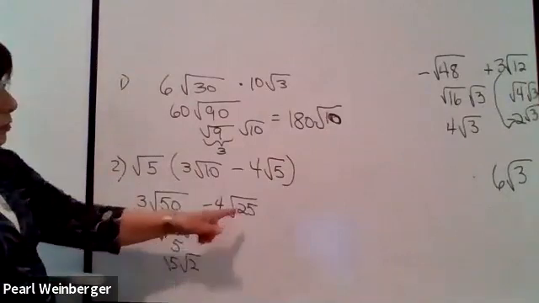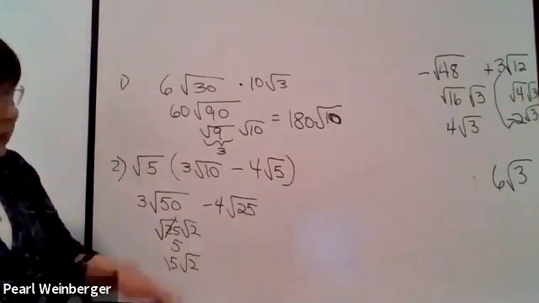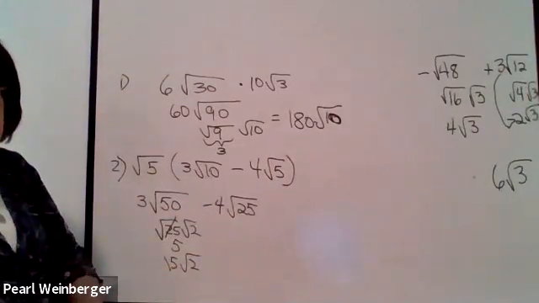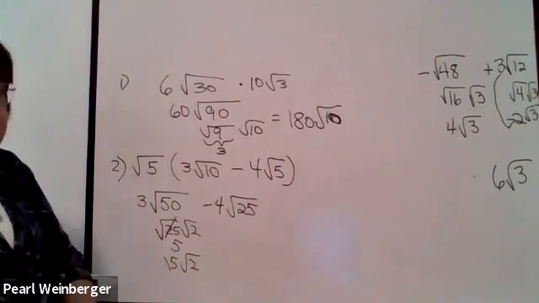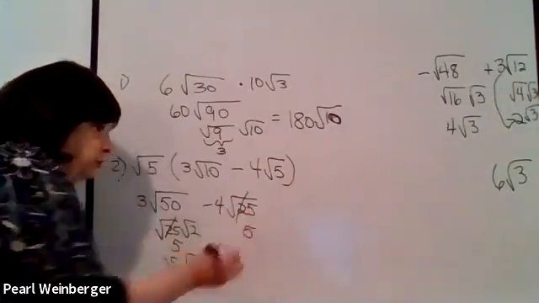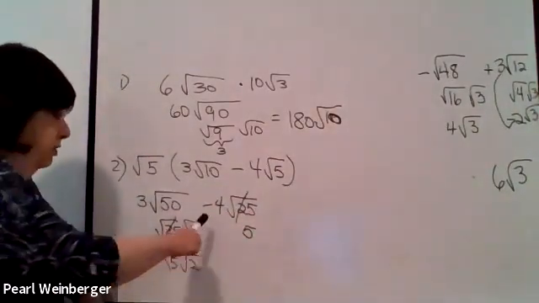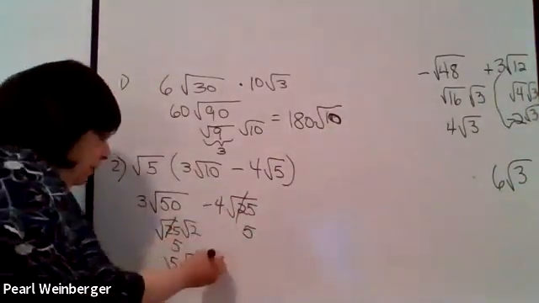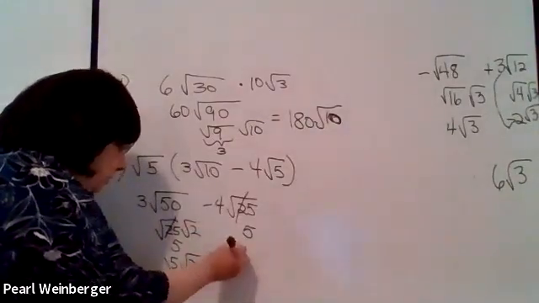Then I go to this radical 25. Now, radical 25 is itself a perfect square. Actually, the radical 25 is just plain 5. So this becomes just 4 times 5, which is minus 20.